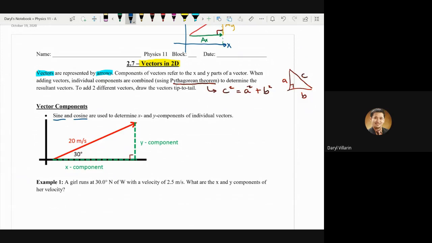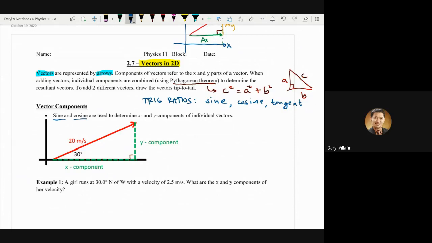If you can remember your trig ratios, we have 3: sine, cosine, and tangent.